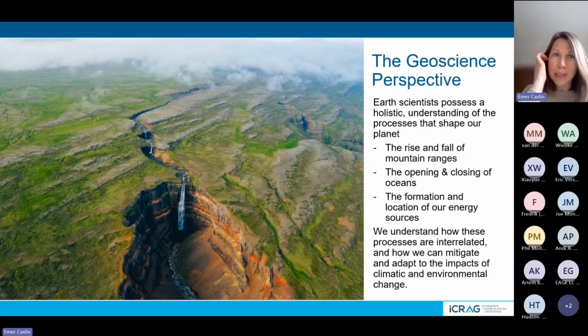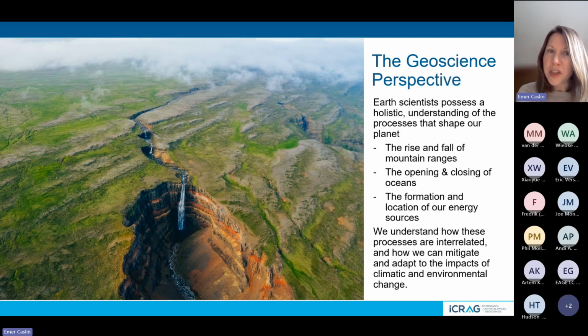But before we go into that, a little bit of looking at ourselves as a discipline and the unique proposition that comes from geoscientists. We are unique as we possess a holistic understanding of the processes that shape our planet.